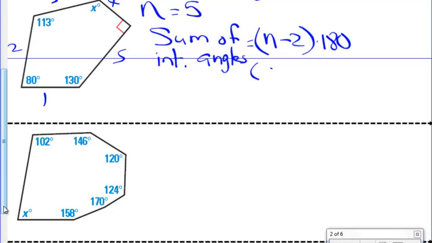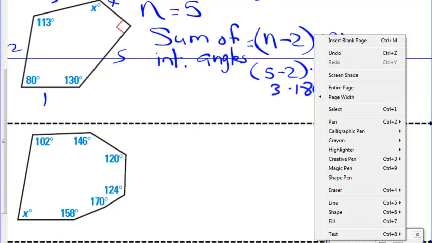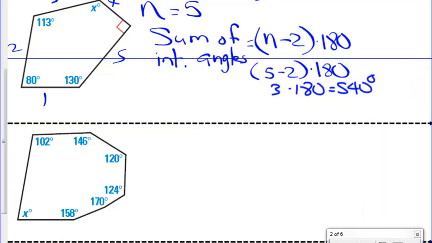N is 5, so 5 minus 2 times 180. That gives me 3 times 180, and I get 540 degrees. So when I add up all 5 angles inside this polygon, their sum should be equal to 540 degrees.